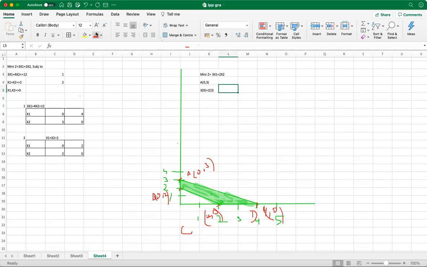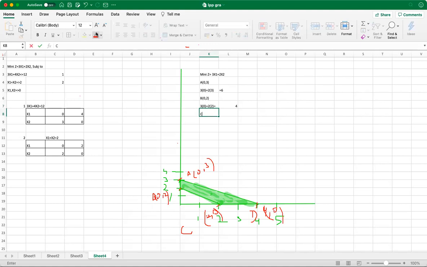I will say equal to 6, right? Now B says 0, 2, which is equal to 3 into 0 plus 2 into 2, which is 4. Right? 0 plus 4 is 4.